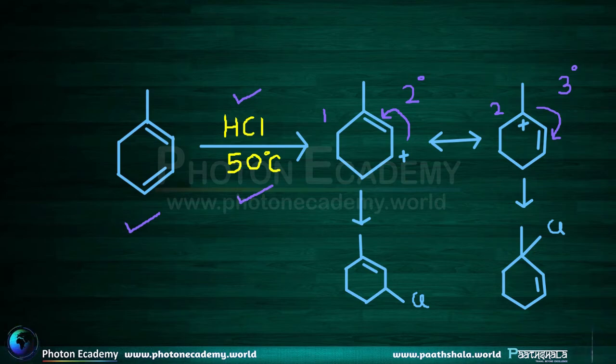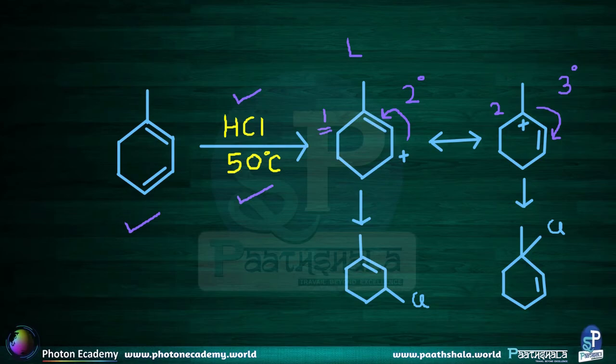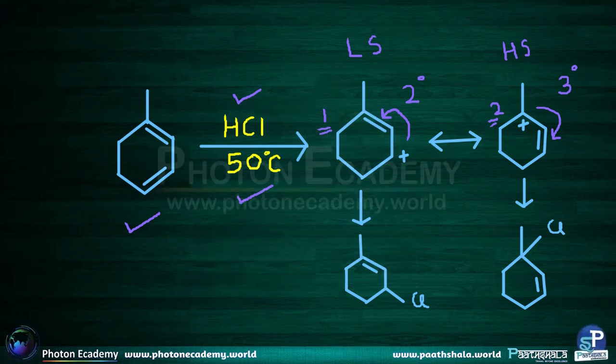Also, carbocation 1 is going to have a lower degree of stability, and carbocation 2 is going to have a higher degree of stability, as a 2-degree carbocation is always less stable compared to a 3-degree carbocation.